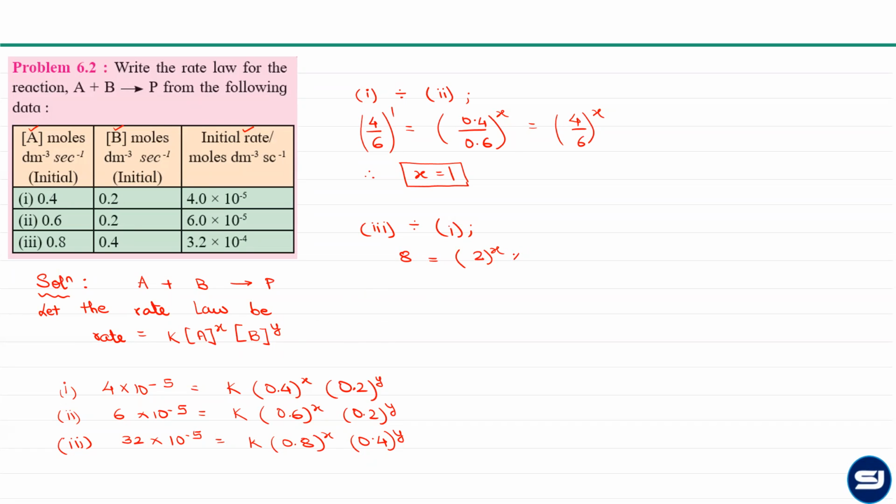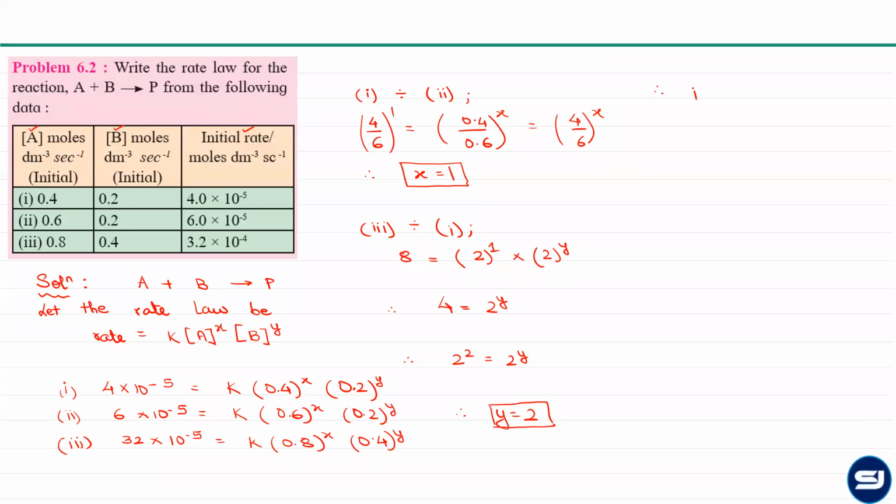But x is already found, we found that as 1. So this 0.4 upon 0.2 will become 2, so this will be 2 raised to y. This 2 will get divided over here, so I will get 4 equal to 2 raised to y. 2 to what power gives you 4? 2. So 2 squared equal to 2 raised to y. Equating the indices, I will get y is equal to 2.